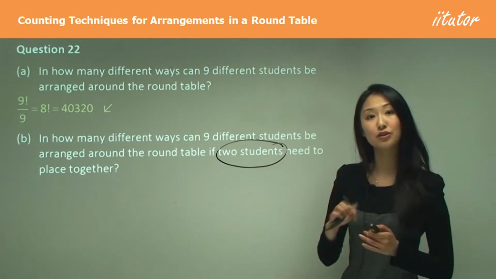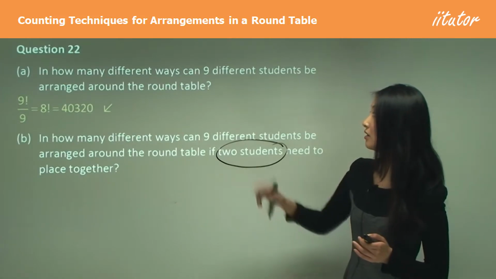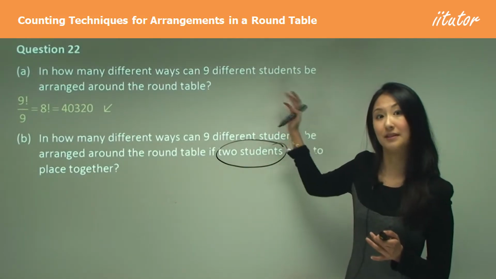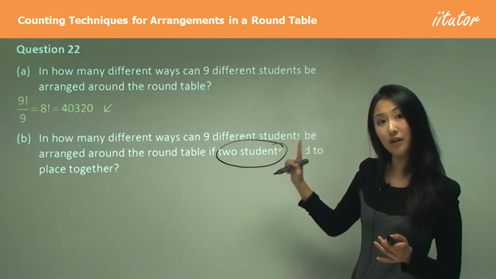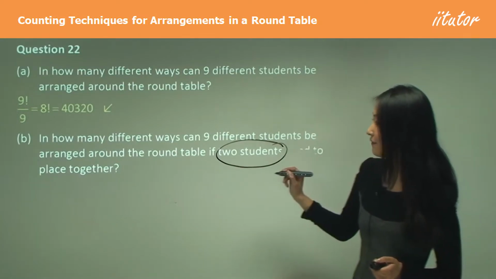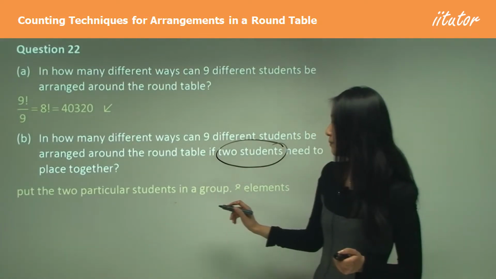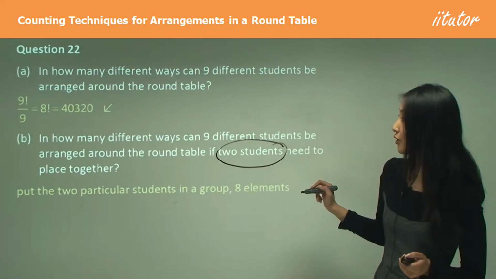If we group those two students together and we count them as one, instead of there being 9 different student groups, essentially, there's going to be 8 of them, because we're considering them as one. So that means I'm going to have 8 factorial.